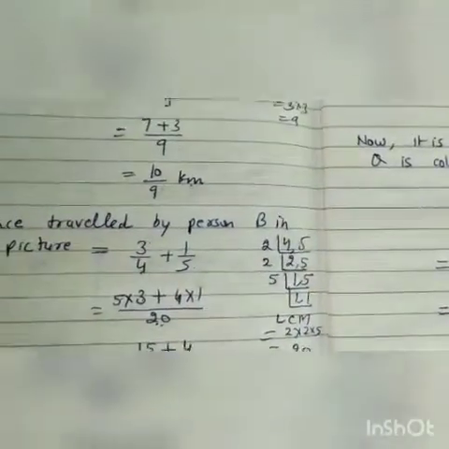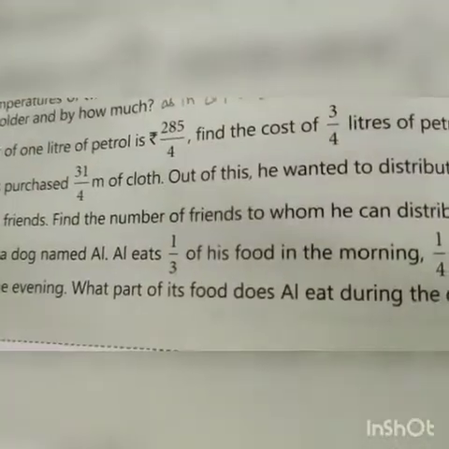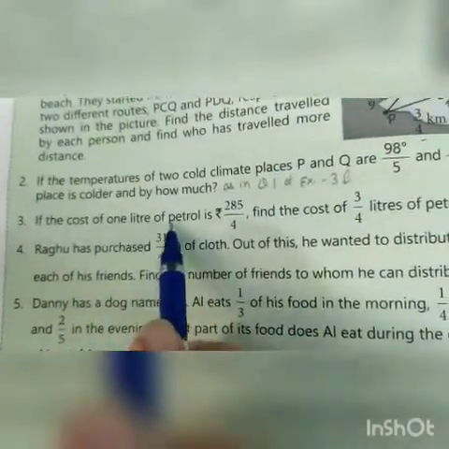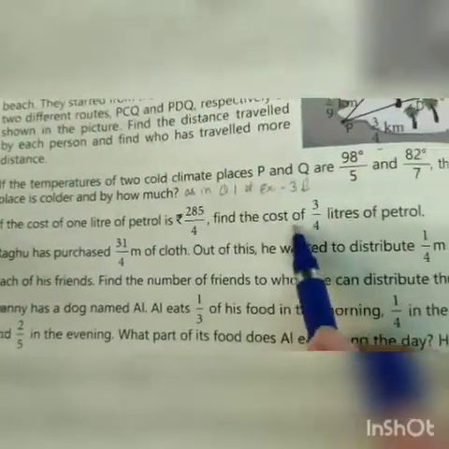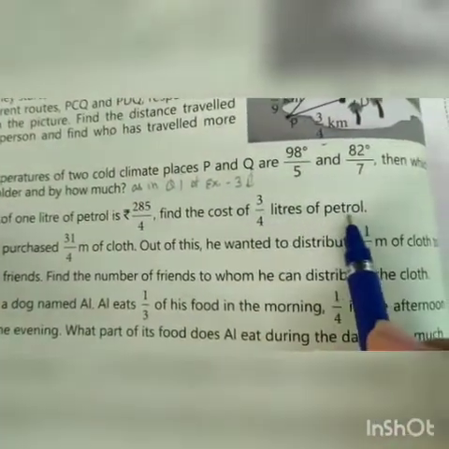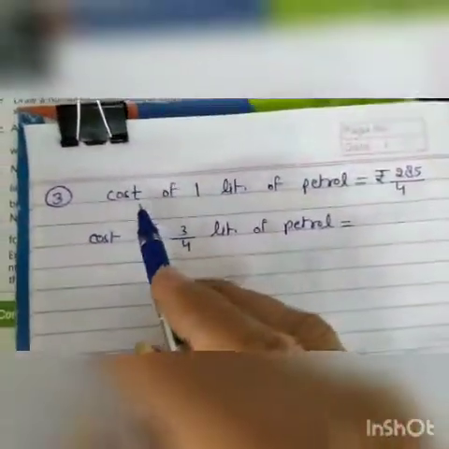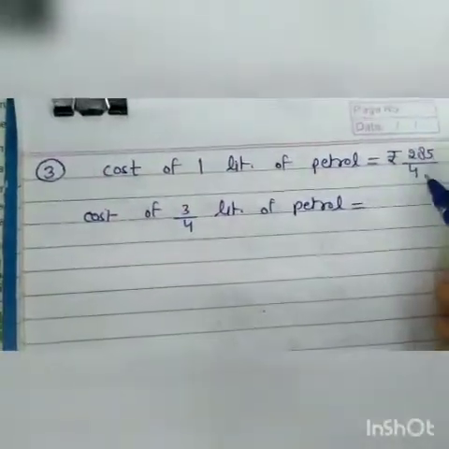Now come to next question. Question number 3. Question number 3 is, if the cost of 1 liter of petrol is rupees 285/4, find the cost of 3/4 liter of petrol. So students, see here I have written cost of 1 liter of petrol is rupees 285/4.